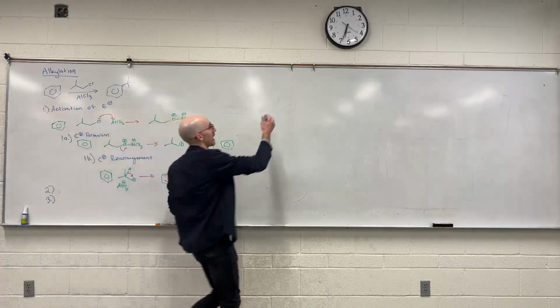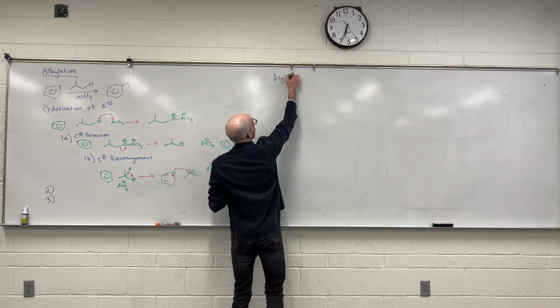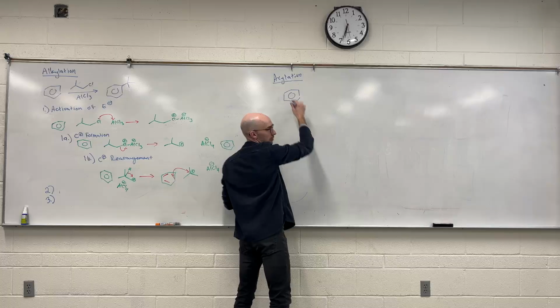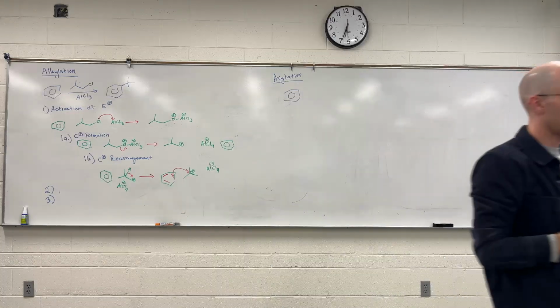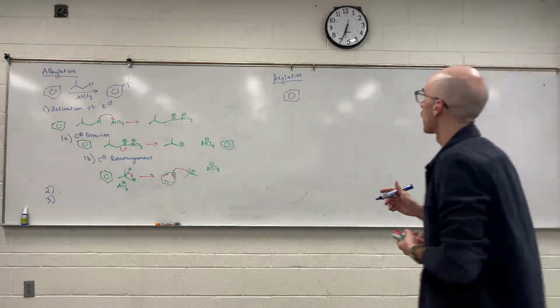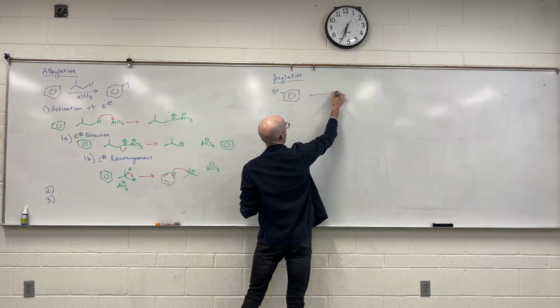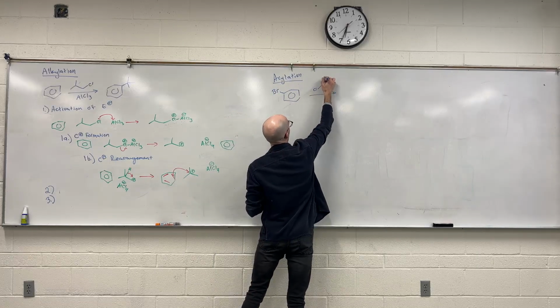Okay, I want to show you guys acylation. We're going to do the one that's from the sheet, which means I have bromine attached. Is that right? And bromine, of course, is what type of director? Ortho-para.